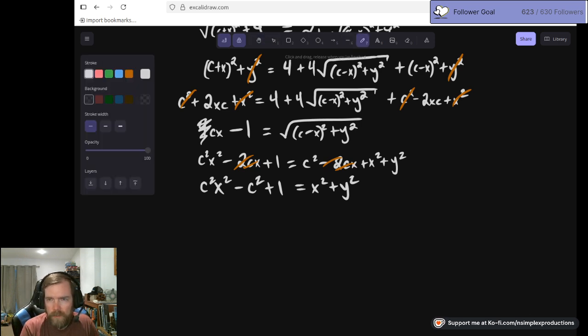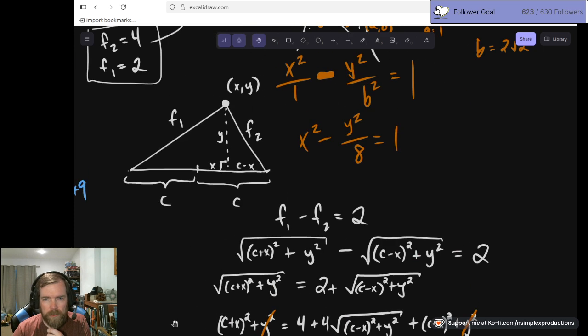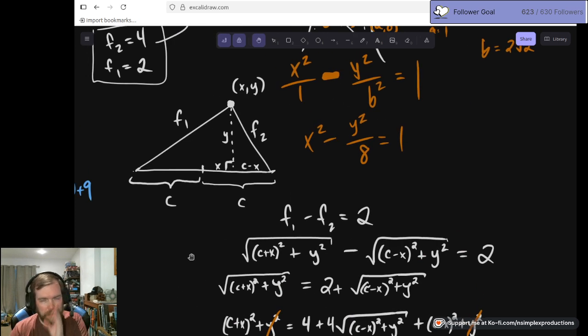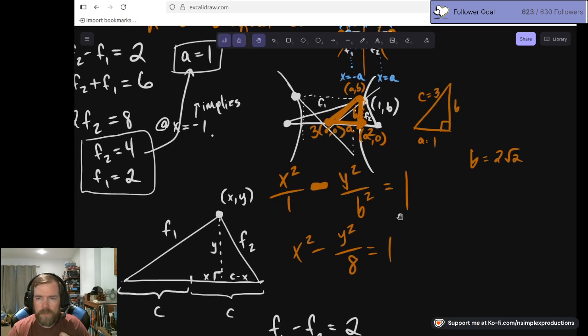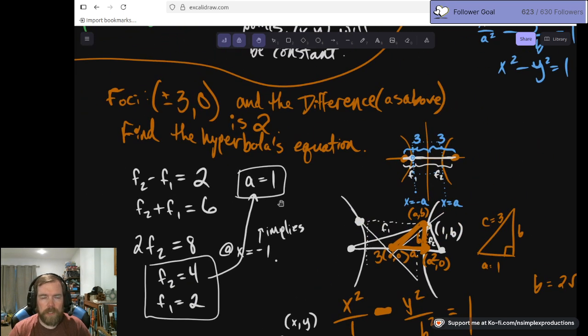So I found, when we were talking about hyperbola, this was a specific hyperbola which had foci at plus or minus 3, 0, and the difference between the focal lengths to whatever point we're at is always going to be 2.